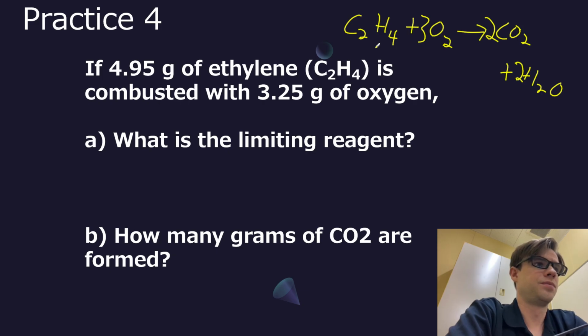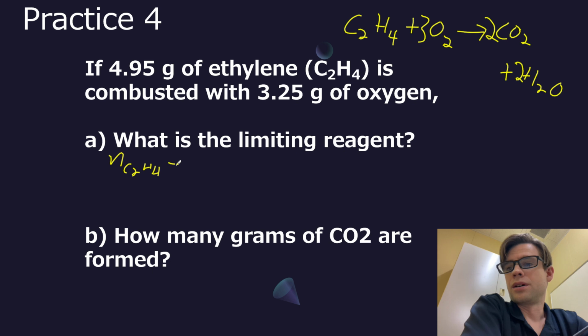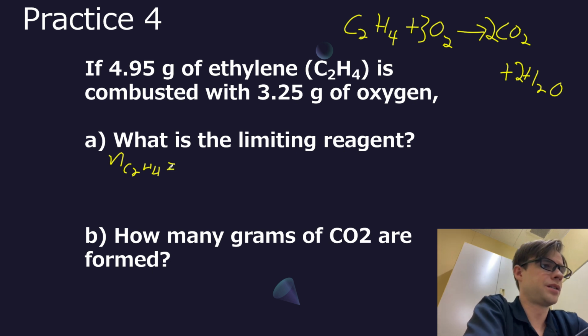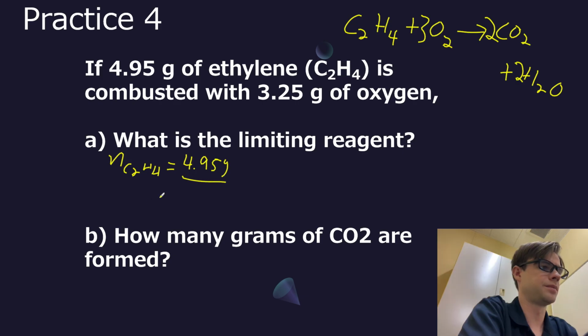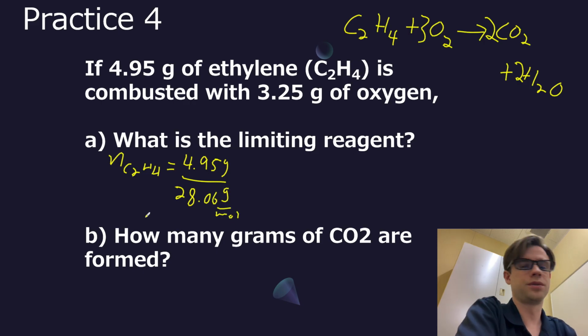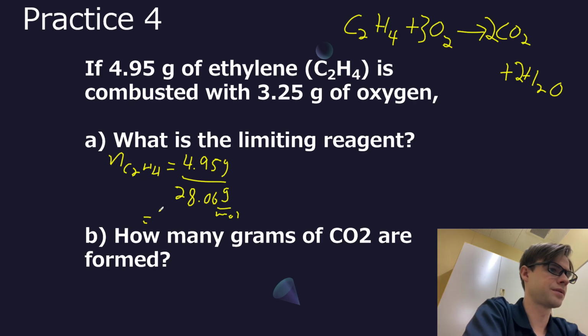All right. Now we need the moles of each starting material. So moles of ethylene, C2H4, will be equal to 4.95 divided by its molar mass, which is 28.06. So this comes out to about 0.176 moles.